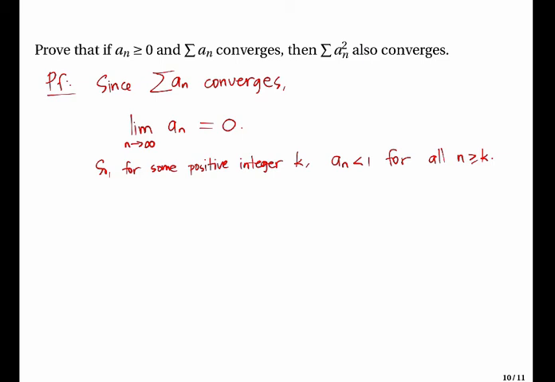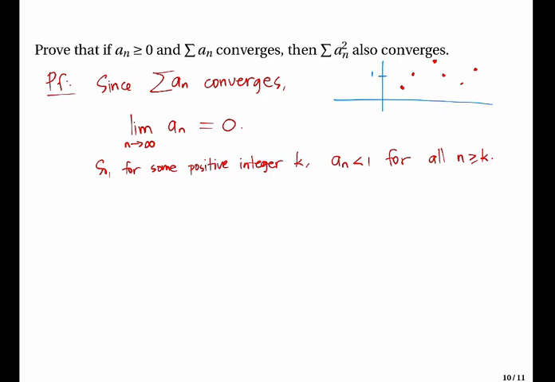Okay? If you don't believe that, let us try to sketch that. So you have this, okay? Your limit of a n as n approaches plus infinity is equal to 0. So if this is 1, then at some point, maybe your terms are like this, something like this. Those are your terms.